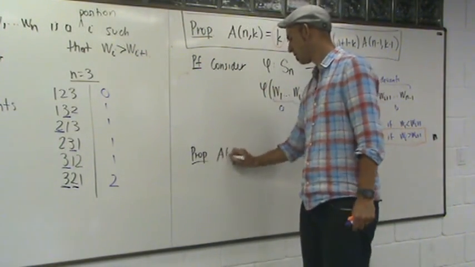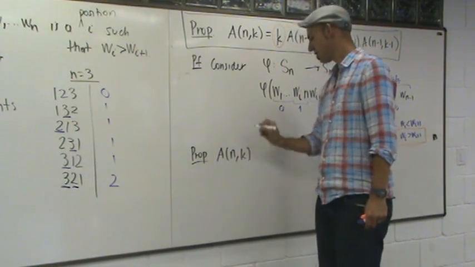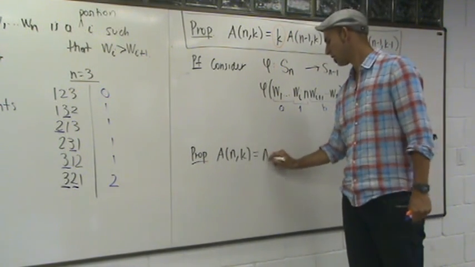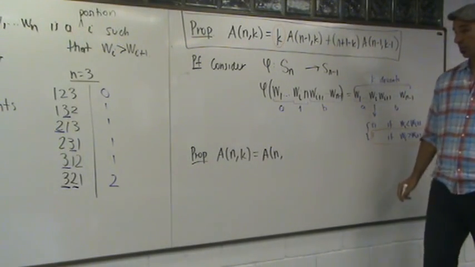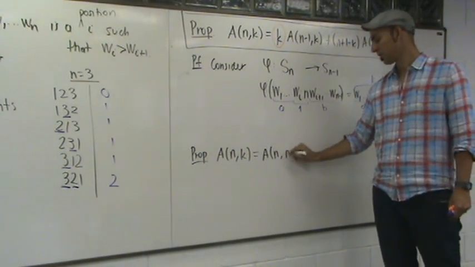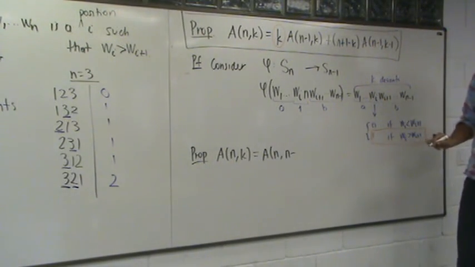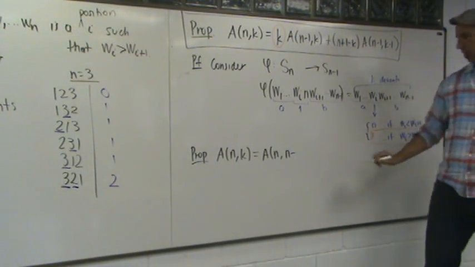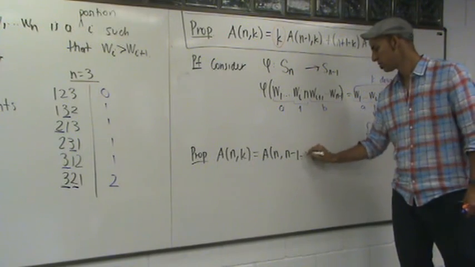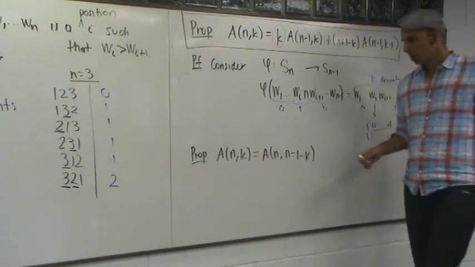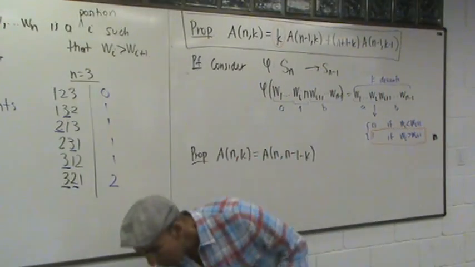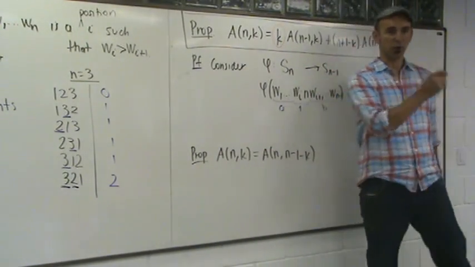A of n k equals A of n, what? N minus, is it n minus k or n minus 1 minus k? N minus 1 minus k. This is the symmetry of those polynomials.